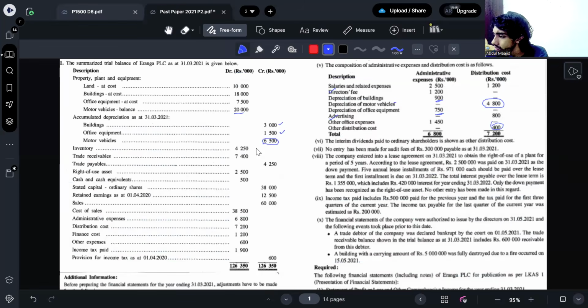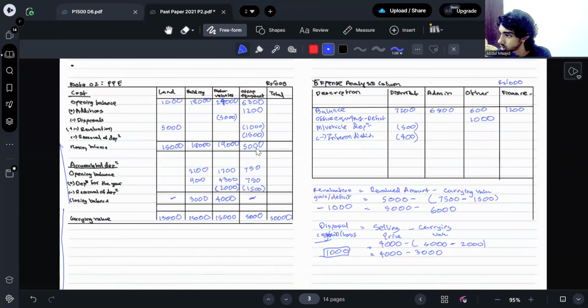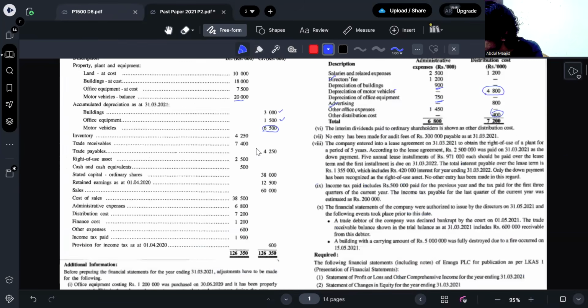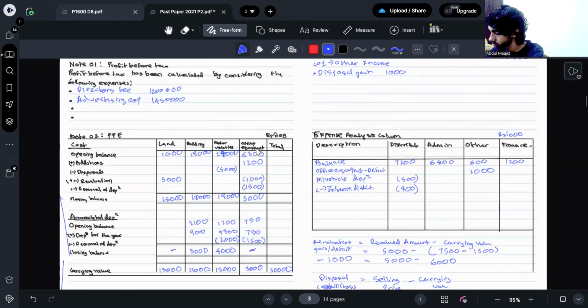No entry has been made for audit fee of 300,000 payable as at 31st March 2021. They have not recorded the audit fee. So audit fee is an expense. Audit fee should go to administration expense.